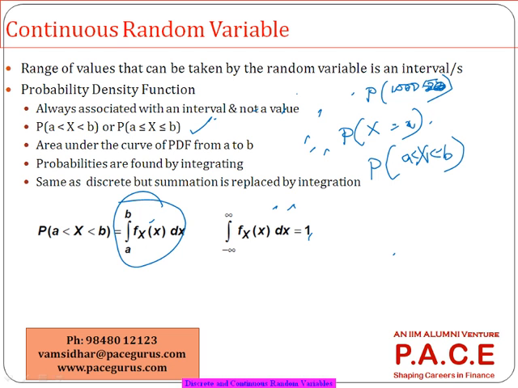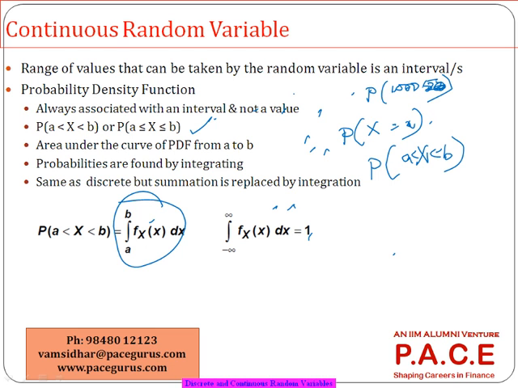And when I do the same between minus infinity to plus infinity, it's like all possible values that that function can take. So the sum which we have done in the discrete case, the sum of all possible probabilities should be equal to 1. Here integration of the probability across all possible values should be equal to 1.